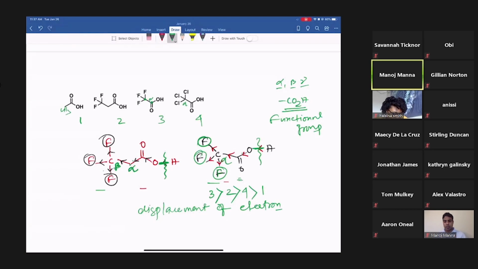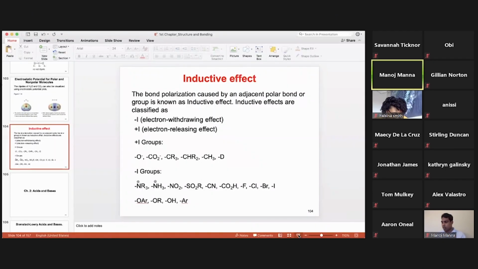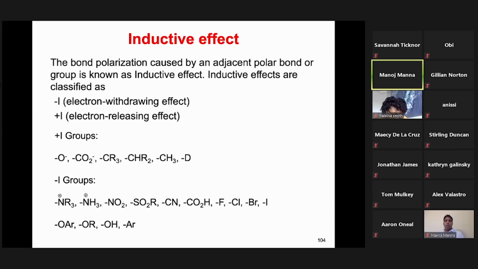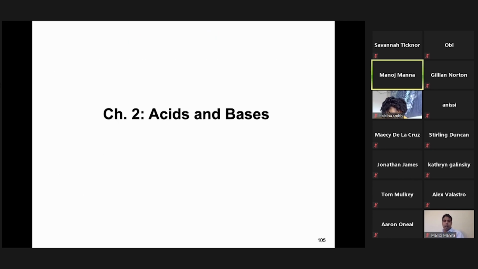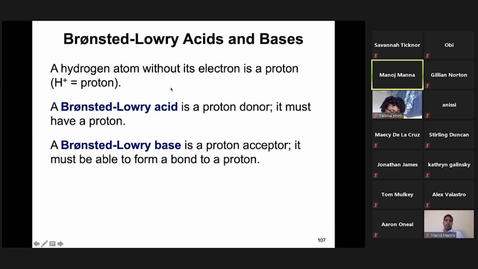Okay, so now I hope that all of you get some feeling for how it works. We know the definition of Bronsted-Lowry acid-base theory: the acid is a proton donor, which means the molecules I just explained are actually acids because they can donate a proton.